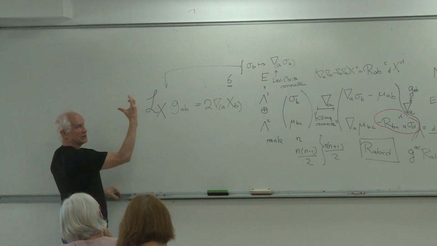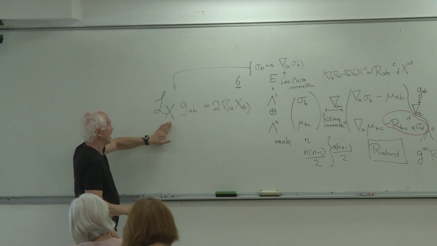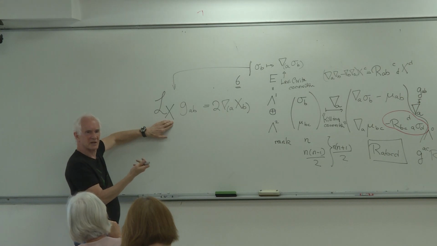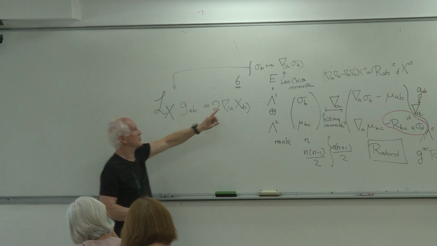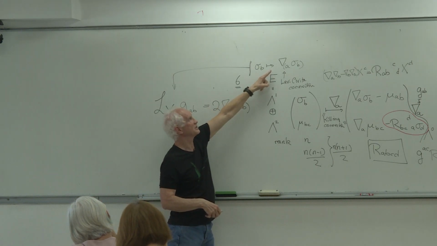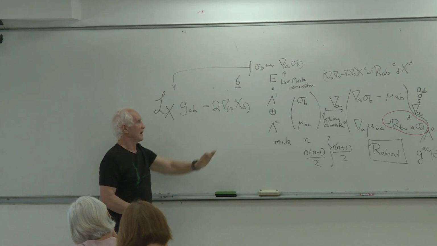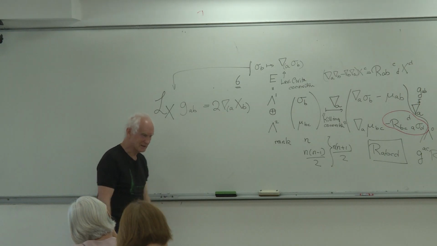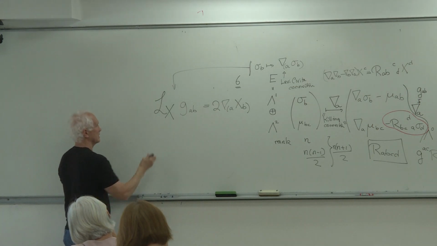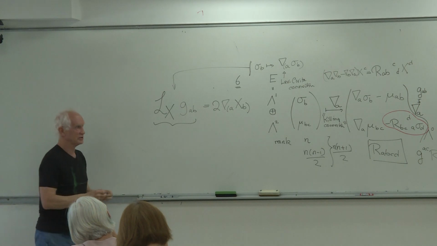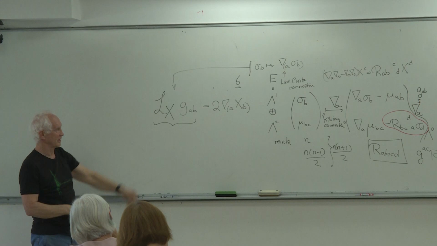Then actually you can view it like this. These two different ways of writing things are: here you've got the vector field fixed, and you're thinking about how it affects a metric. Whereas here you've got a metric that's fixed and giving rise to this connection, and you're thinking about how it affects a vector field. Highly confusing, but what this thing here really is, is a differential pairing between X and g. So you can think of it as g varying, X fixed, or X fixed and g varying.